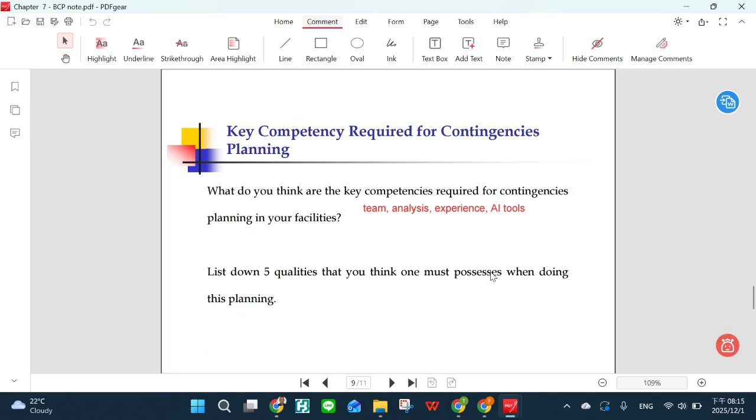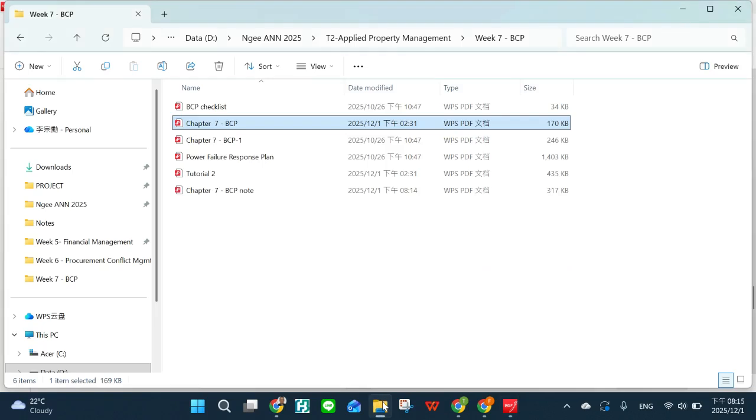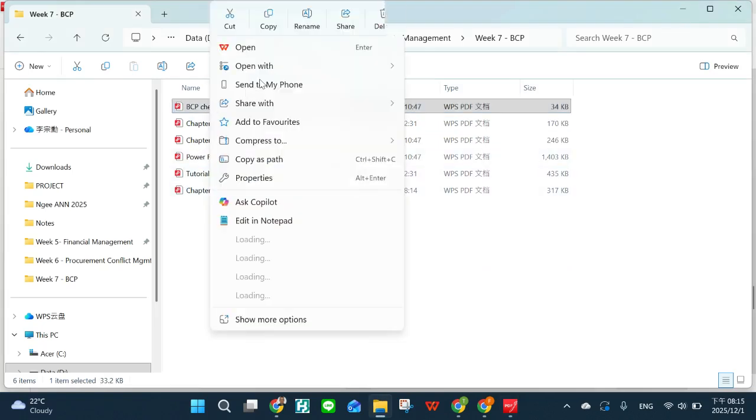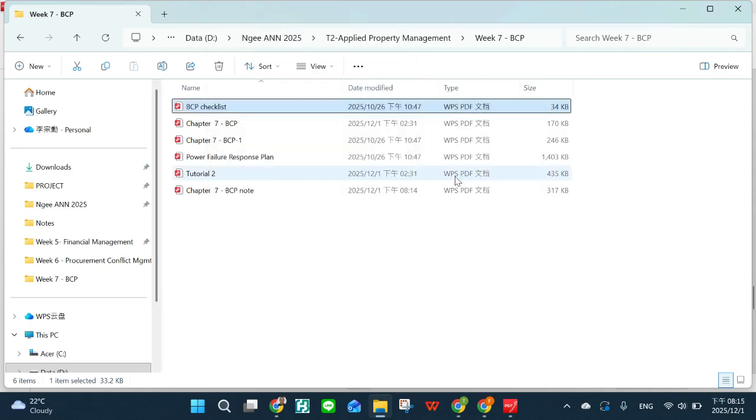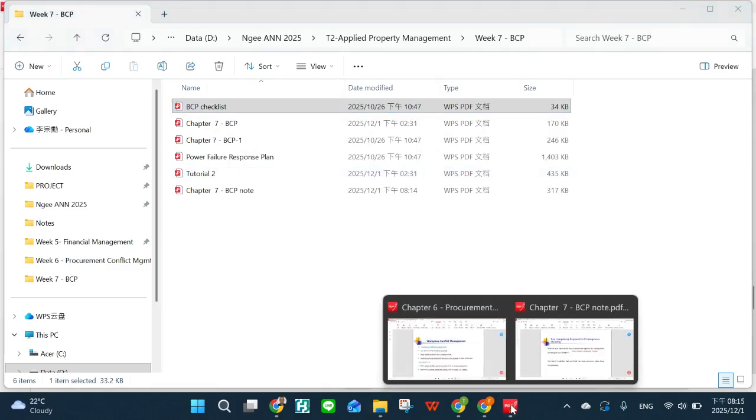BCP checklist. So earlier we talked about working from building A, working from building B, your building A management office burning down. So we created a checklist, to make sure that your hard disk is in place, what kind of report is required, how you send web-based email.